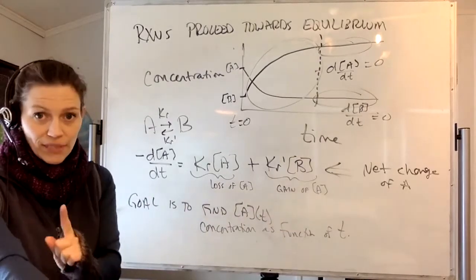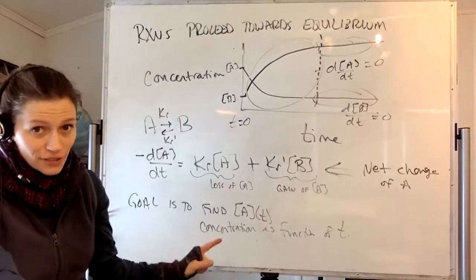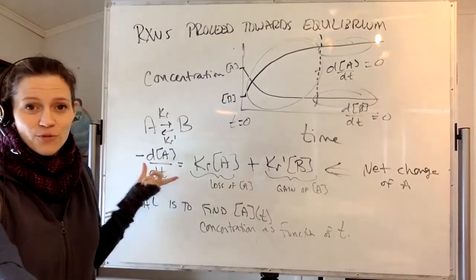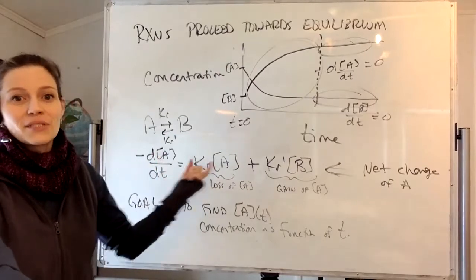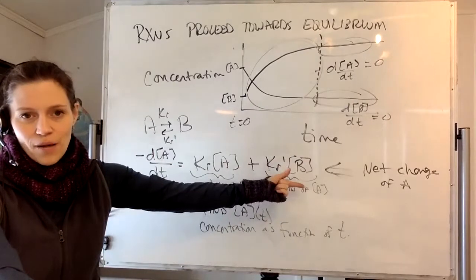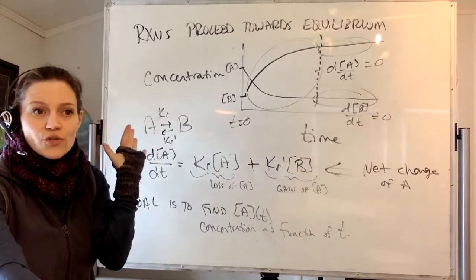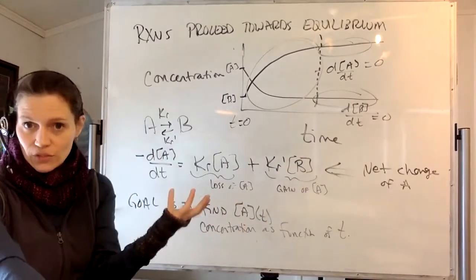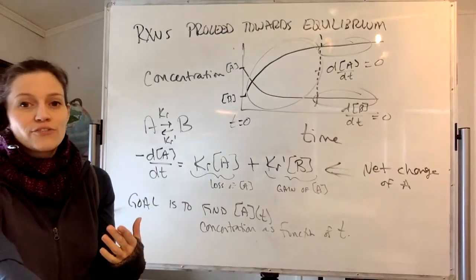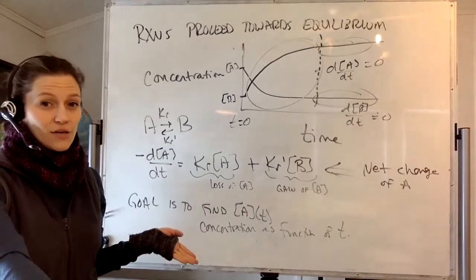Cool. Game plan. I'm going to show you how to do this fully, i.e. from solving the differential equation, which is hidden right here, where I'm going to move this over and it's going to become 0 is equal to dA dt plus Kr A plus Kr prime B. And then we're going to solve that differential equation and get a result. Later on in the chapter, you're going to find that there are ways to approximate doing that.